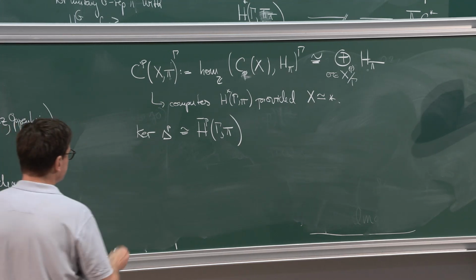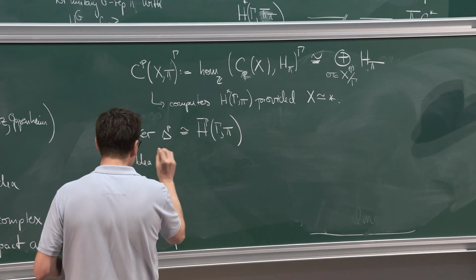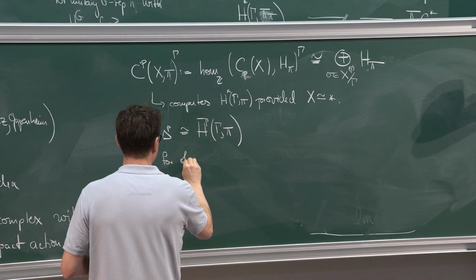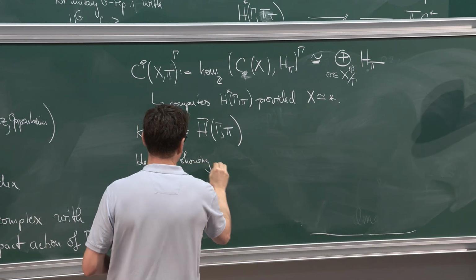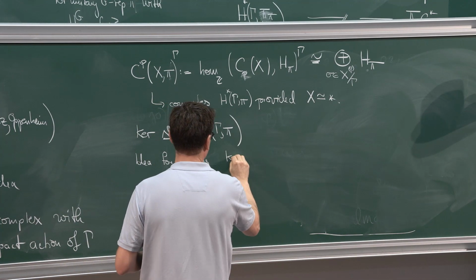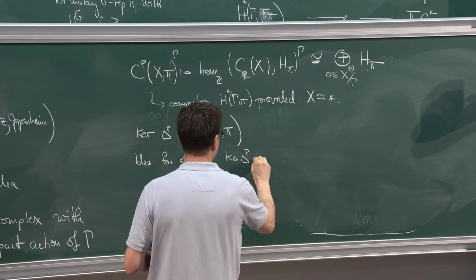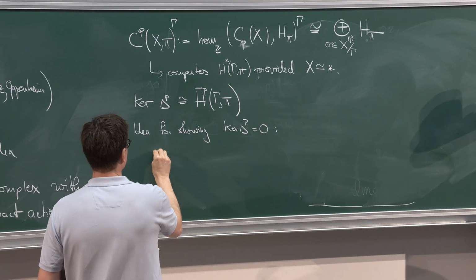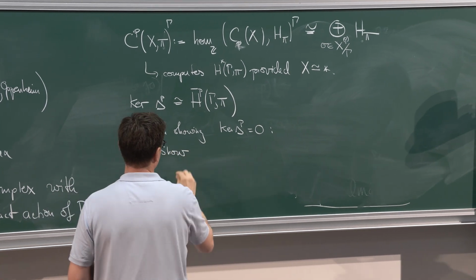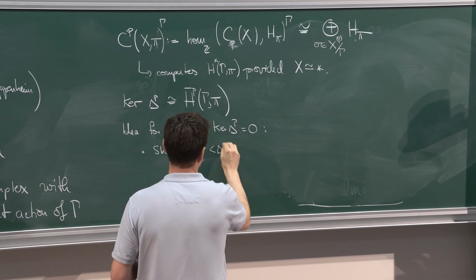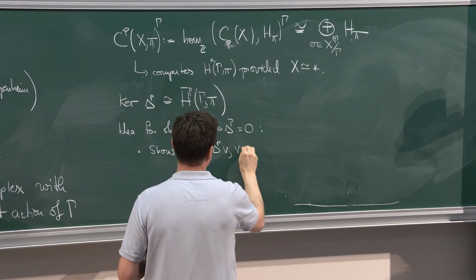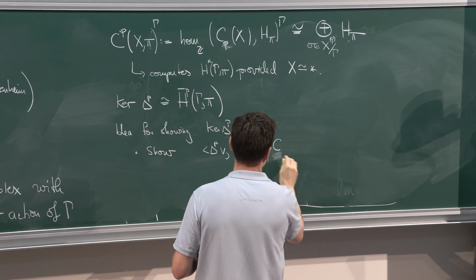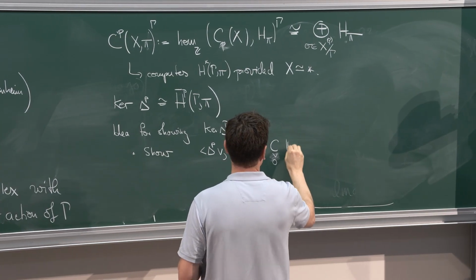And what is the very, very simple idea for showing the vanishing here? Well, you show some estimate like that. Here is a constant.